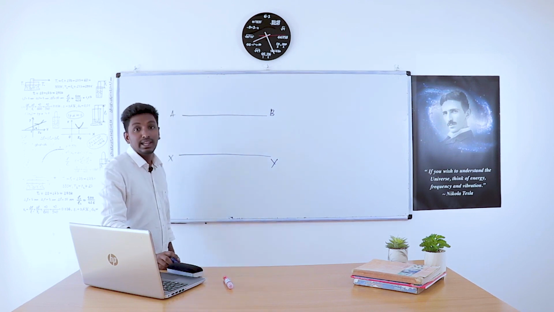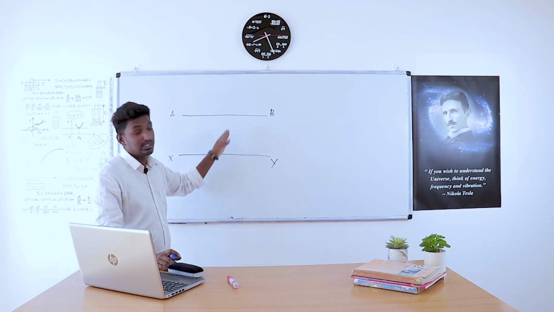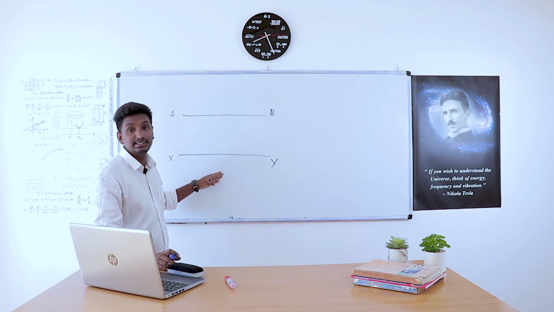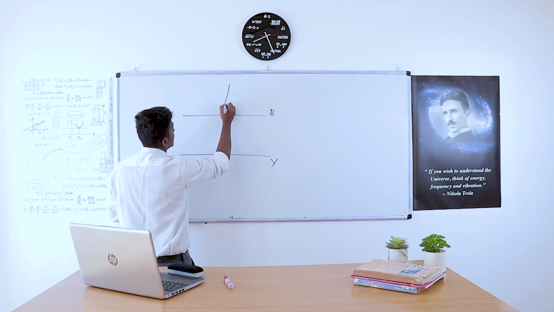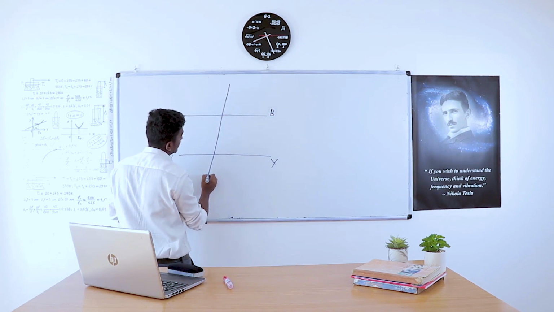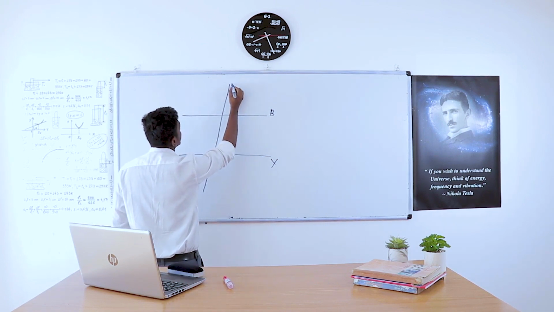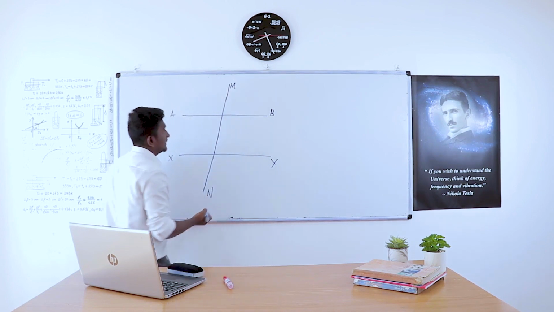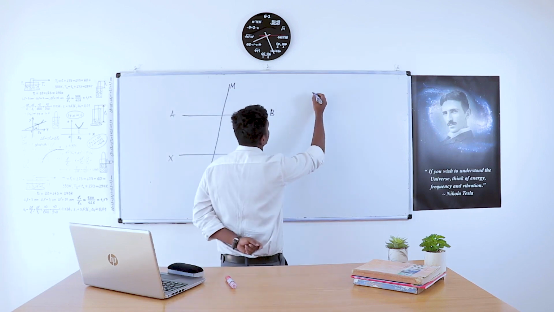Now, a transversal is going to intersect these two parallel lines. A transversal means, if the parallel lines are taken horizontally, then a vertical line intersecting these two parallel lines. That's a transversal. Let it be MN. Now, AB and XY are parallel lines and MN is the transversal.